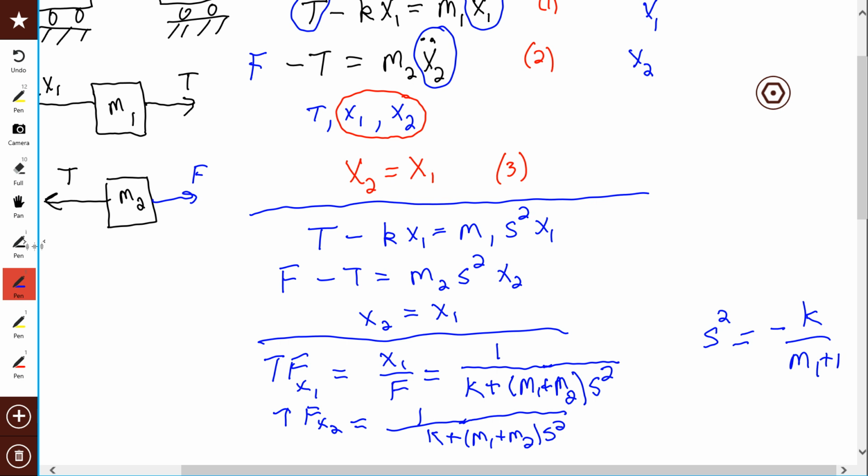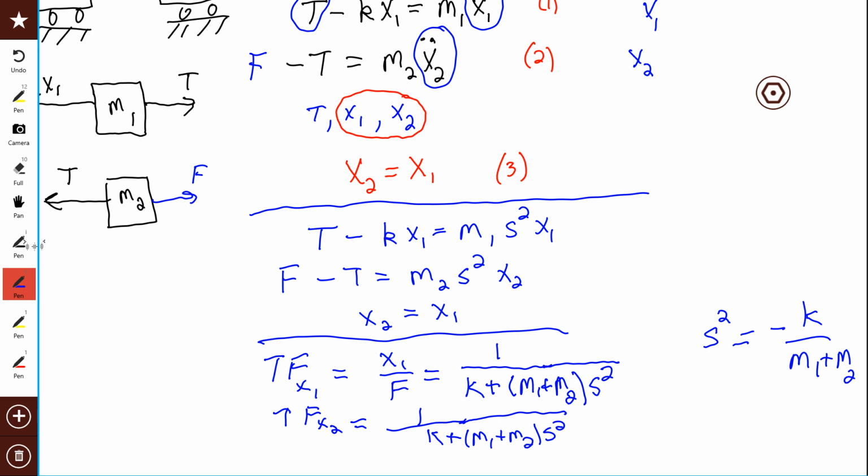And so you end up with the values that you probably would have expected. They're imaginary, and it's equal to the square root of k over the sum of the masses for both masses, which makes sense because they're tied together. They should have the same natural frequency.